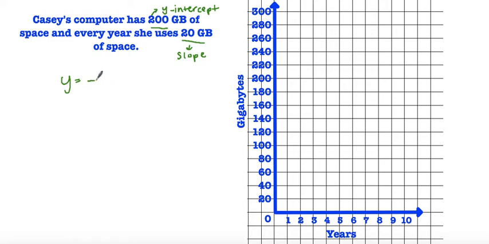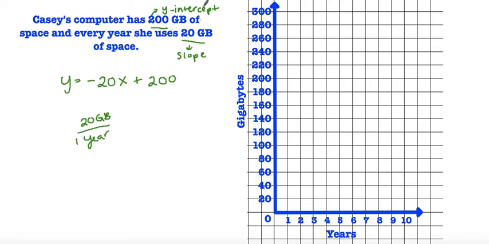So the rate is actually negative 20 x, for each year. And then we're going to add the initial value that her computer started off with, so plus 200 gigabytes. Be mindful that the negative 20 is because she uses 20 gigabytes every year.